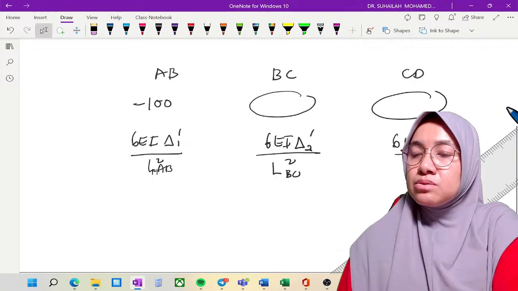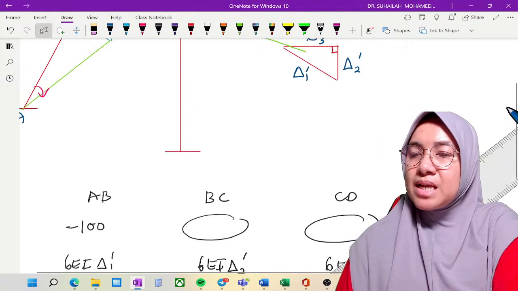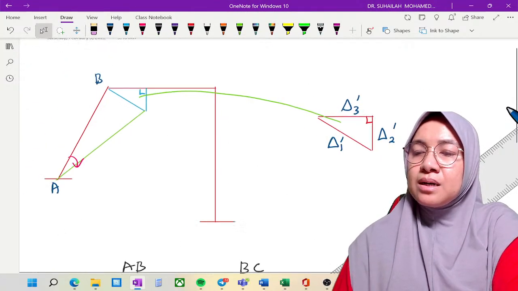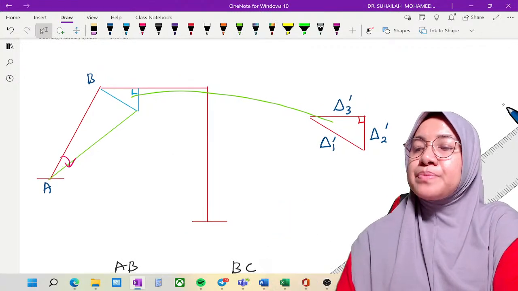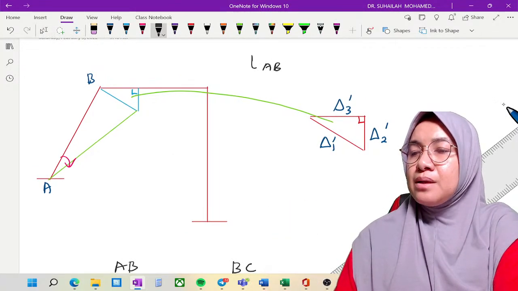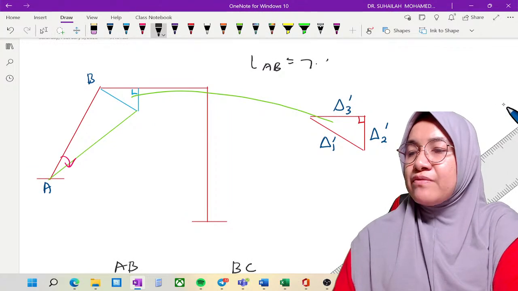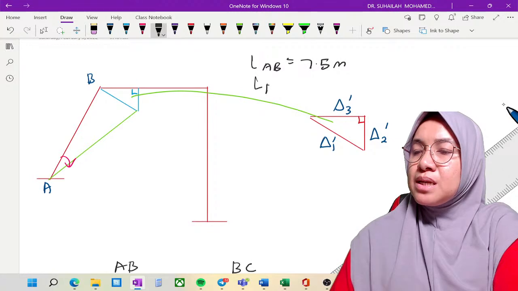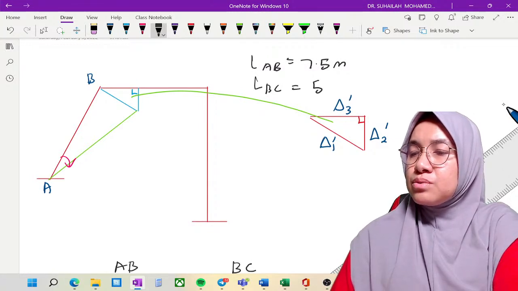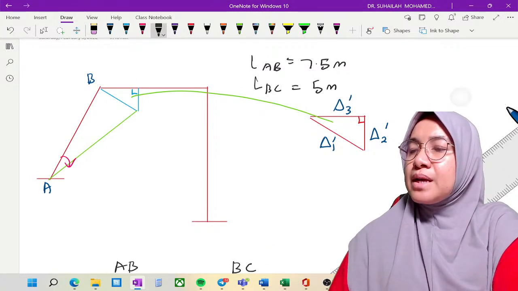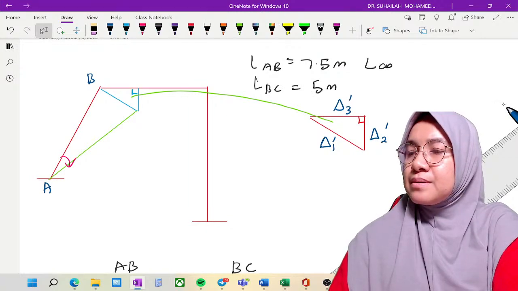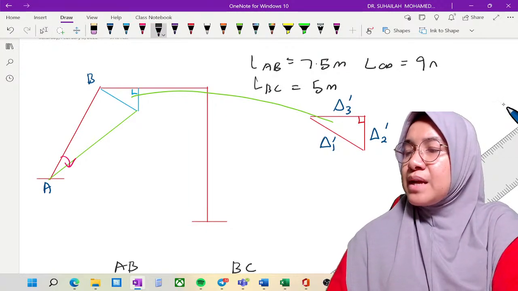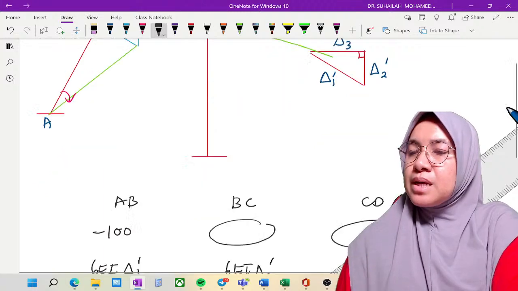Okay, so let's say LAB equal to 7.5 meter, LBC equal to 5 meter, and LCD equal to 9 meter.